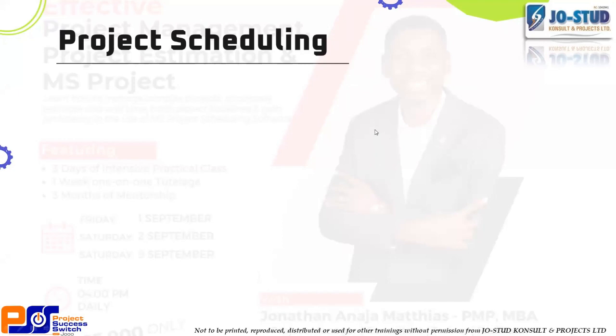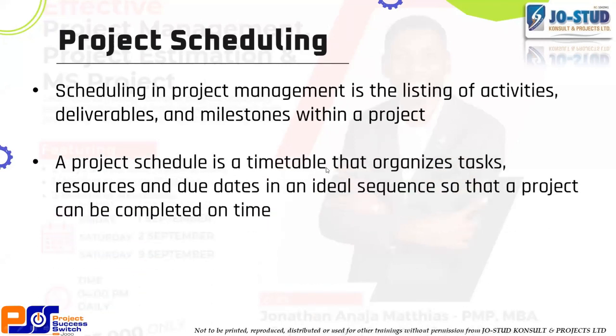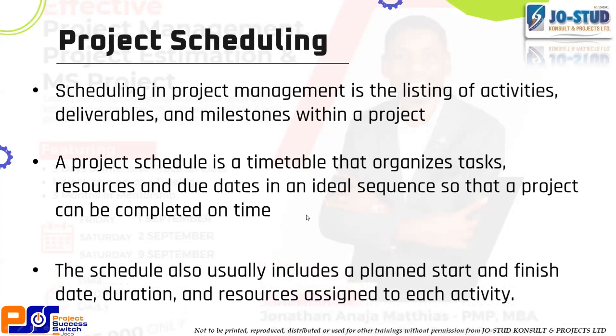Okay, so let's look at the scheduling process. What is project scheduling? Scheduling is simply the listing of activities, deliverables, and milestones within a project. A project schedule is a timetable that organizes your tasks and gives them due dates in an ideal sequence so that your project can be completed on time.